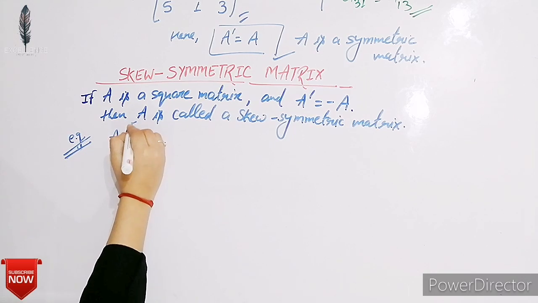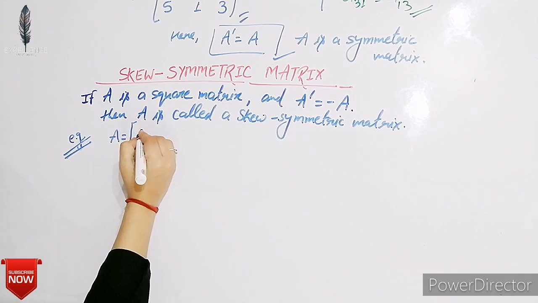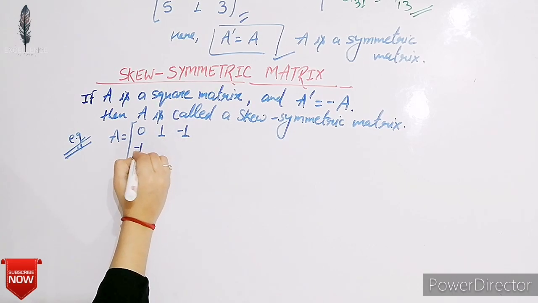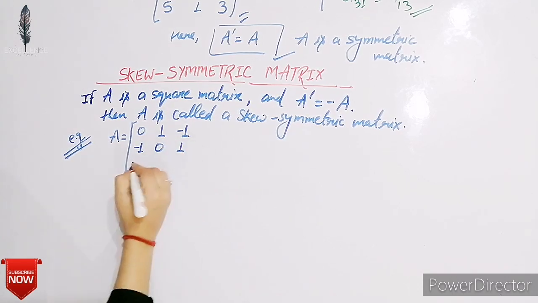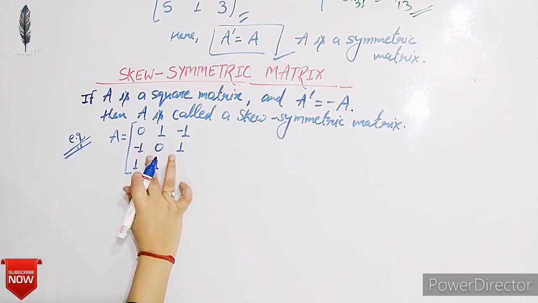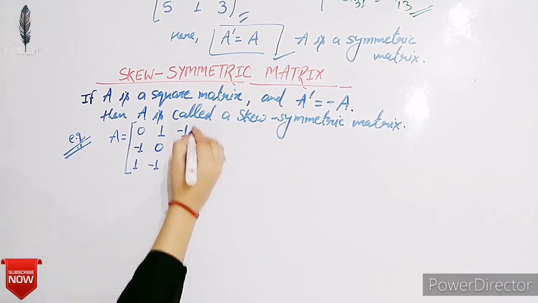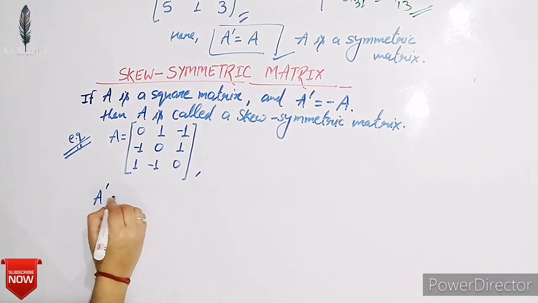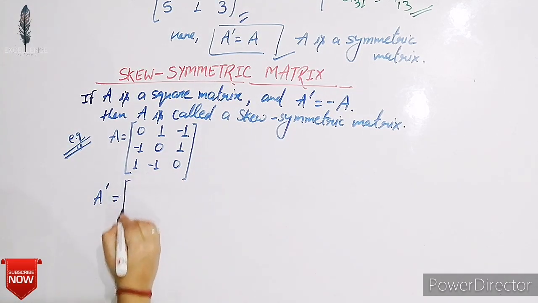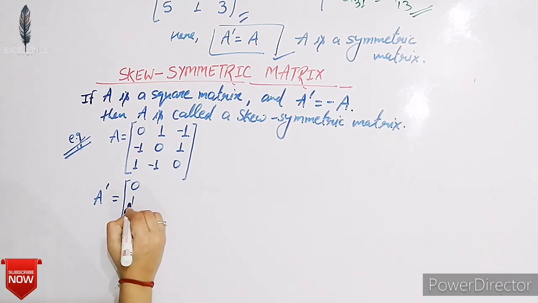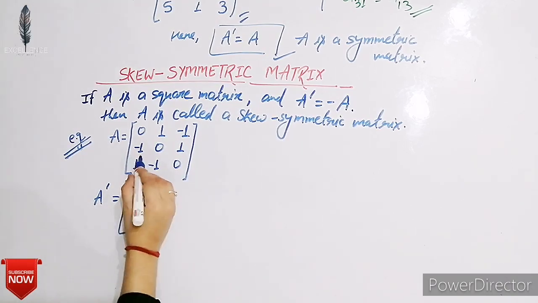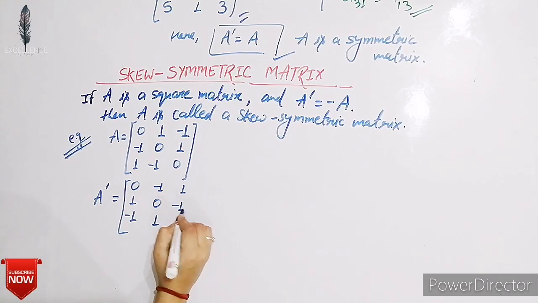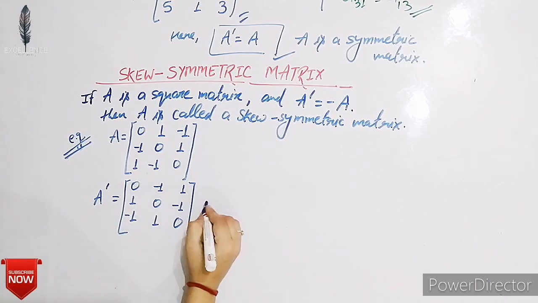For example, let A equals to 0, 1, -1, -1, 0, 1, 1, -1, 0. Its transpose A dash is equals to first row change into first column, that is 0, 1, -1. Second into second column, that is -1, 0, 1. Third row into third column, that is 1, -1, 0.